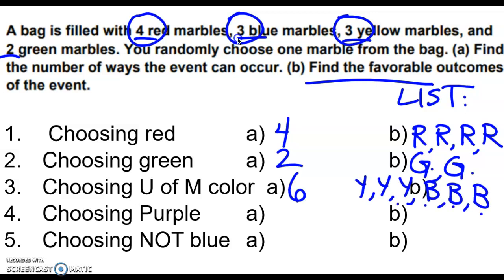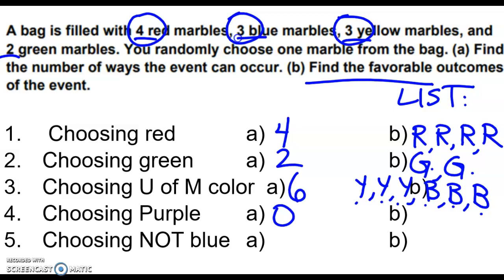If I draw any of those 6 marbles, I'll have a U of M color. All right, choosing purple. Well, I'm reading it again, and I don't see any purple. So there are no ways, 0 ways that you could draw purple, right? That outcome isn't possible.